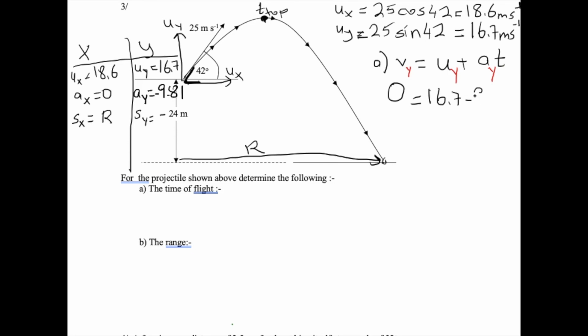I know my acceleration is negative 9.81. So this is going to give me time to reach the top, which gives me 1.7 seconds. So now that I know it takes 1.7 seconds to come here, I want to know how much time it's going to take from this point.